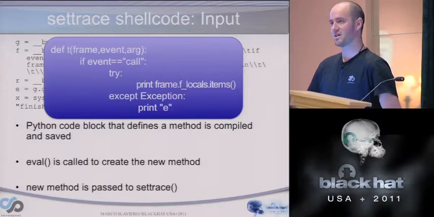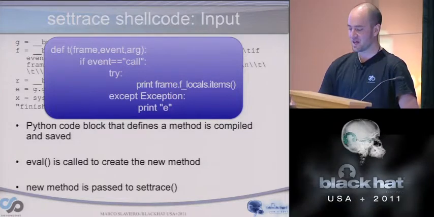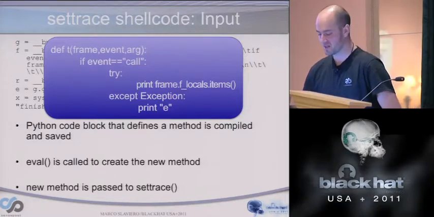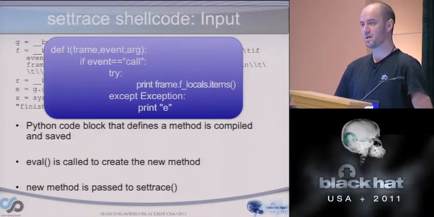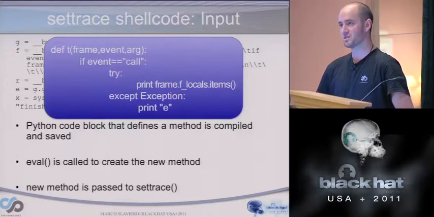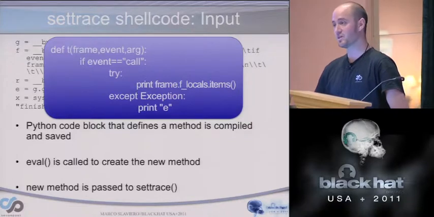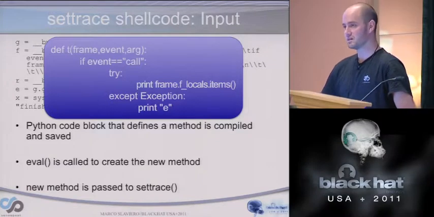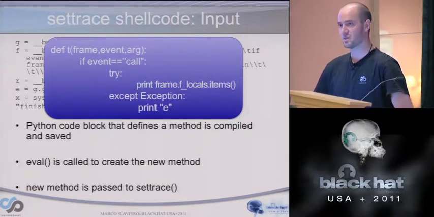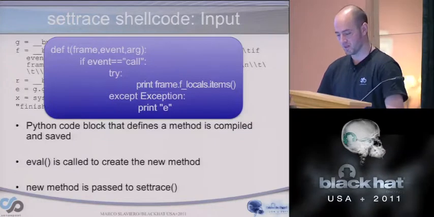We can make this a little more interesting. Consider the exact same function, except instead of printing out local items, I'm going to make an HTTP request to a listening HTTP server somewhere else on the internet. And so now we can remotely debug someone else's Python server because they're vulnerable to a Pickle loading issue.